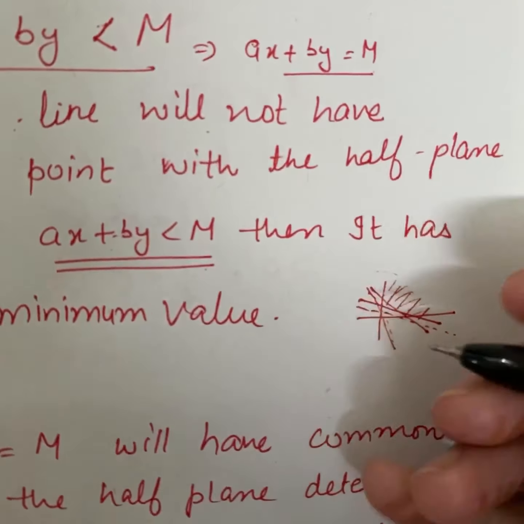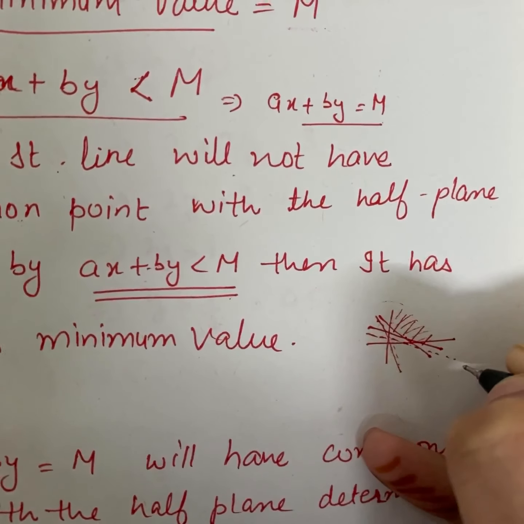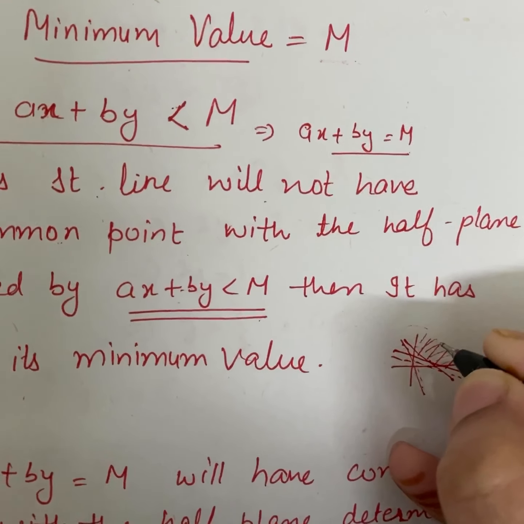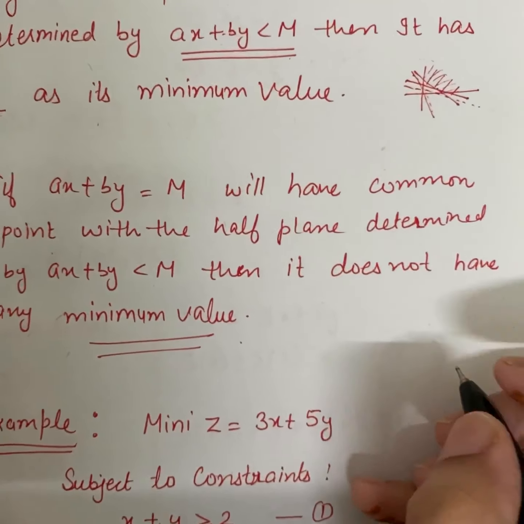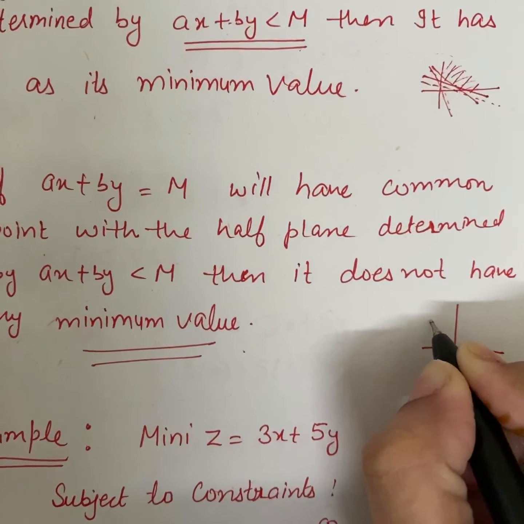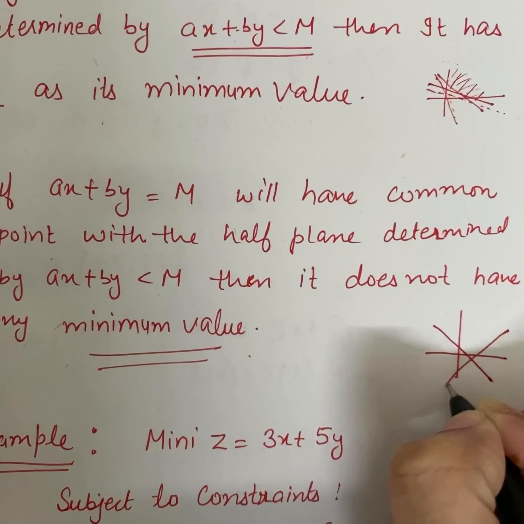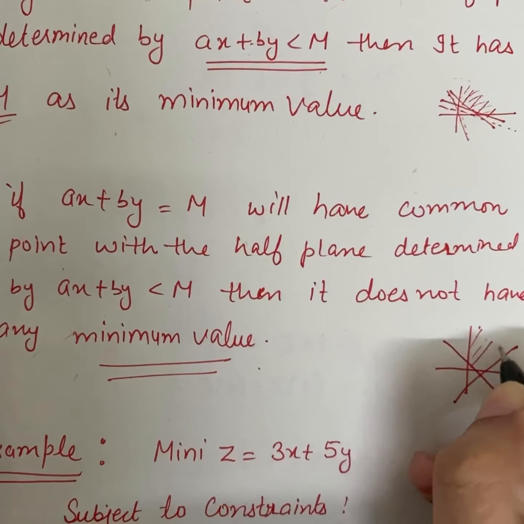So you can see this will be the minimum value because this line has no effect on the graph. But if this line enters the graph, suppose this is your graph, as it is plotted, and this is your shaded portion.